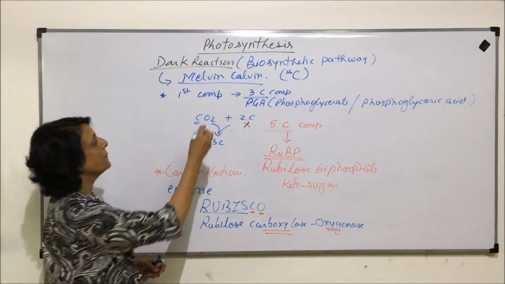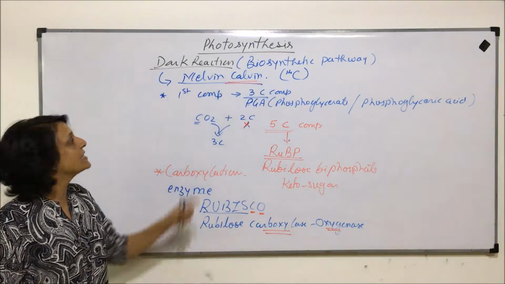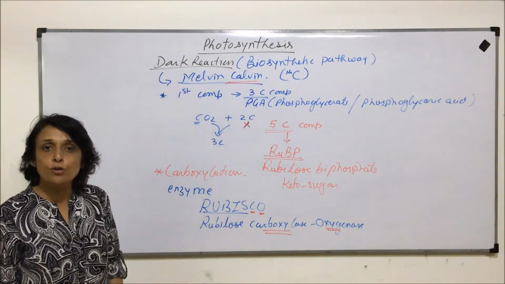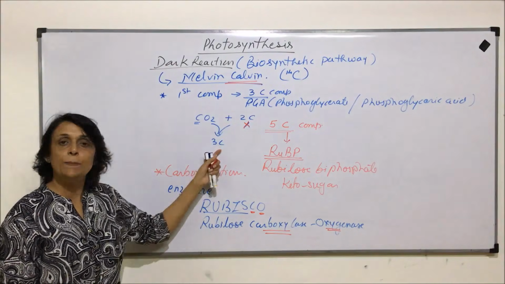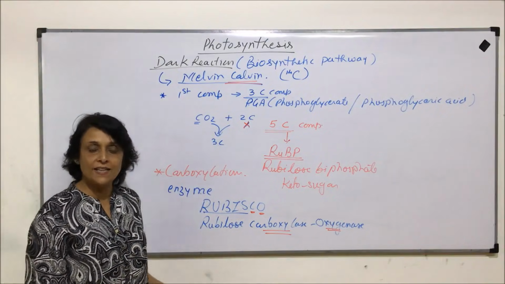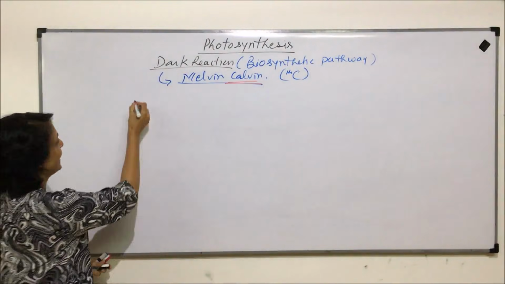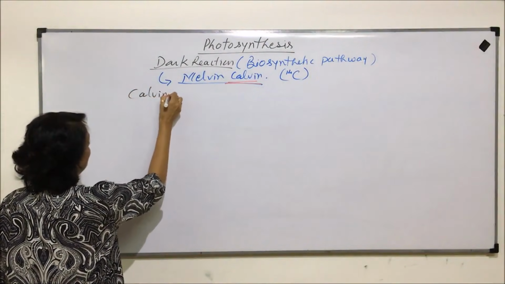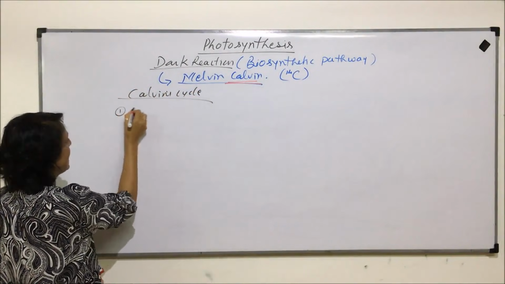And as we have seen the name of the scientist, this pathway, that is dark reaction, is also known as Calvin cycle, and it is completed in 3 steps. So let us draw those steps of Calvin cycle now. The 3 steps of Calvin cycle: first is carboxylation.